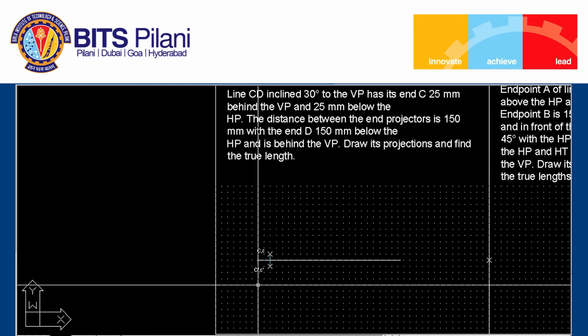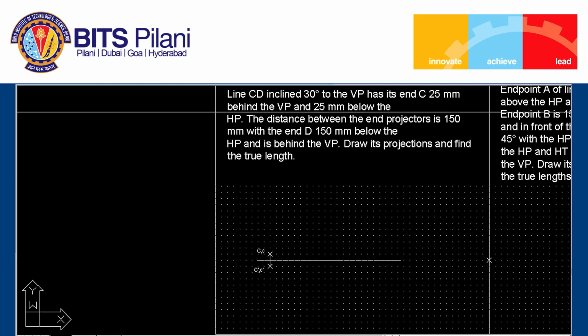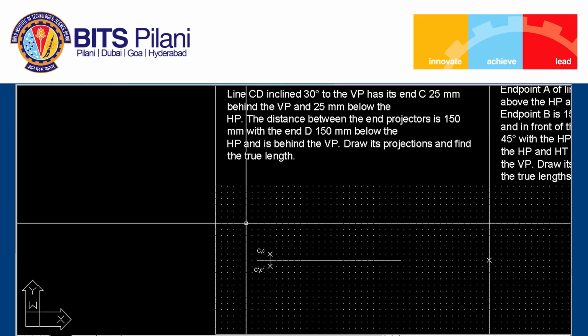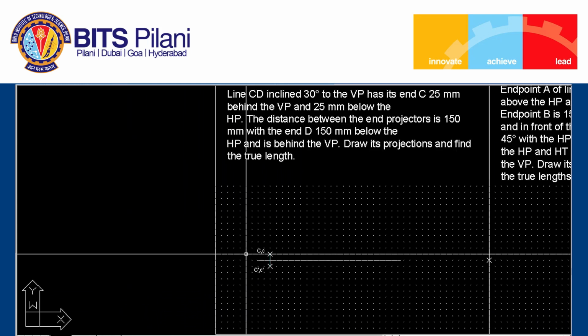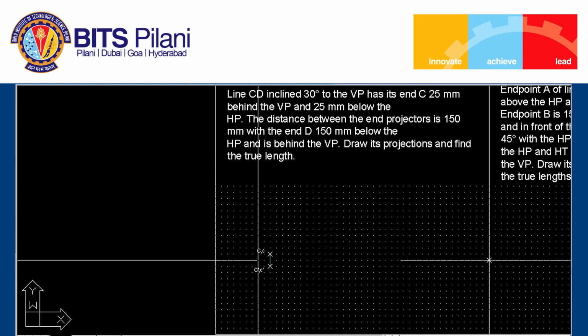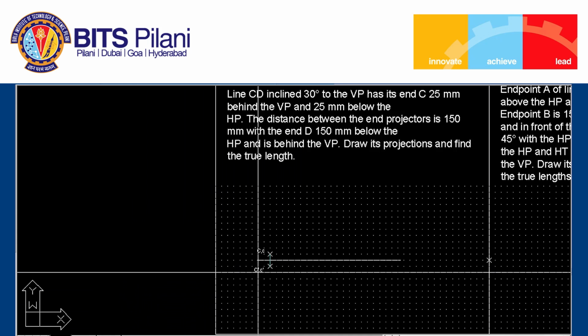Then position of point D is given, it is 150 millimeter below HP. So what we can do, we can draw the locus line for D, 150 millimeter below HP. So the locus location is given from XY line 1 to 150 millimeter means total 6 grid space. Distance between two grid point is 25.